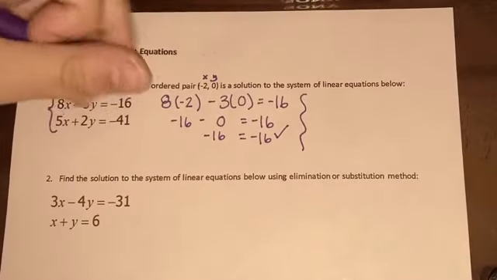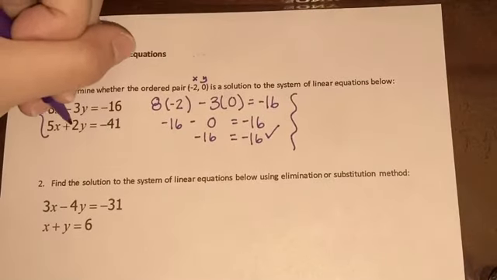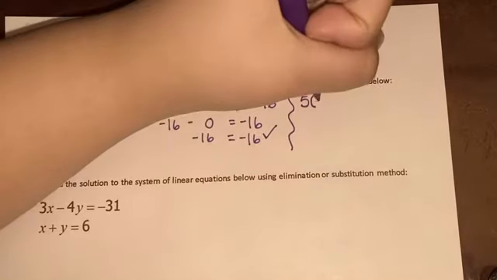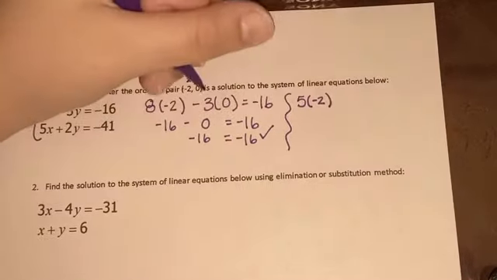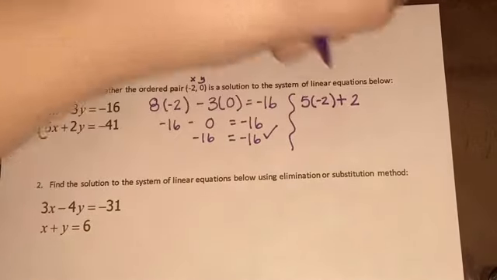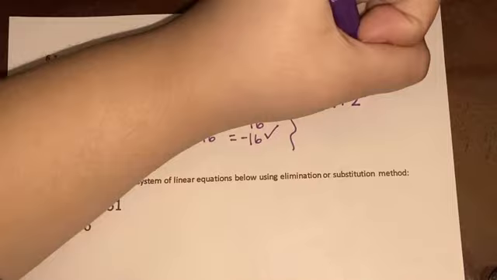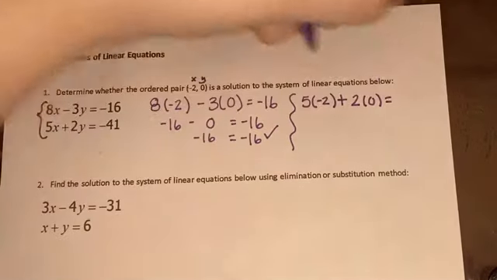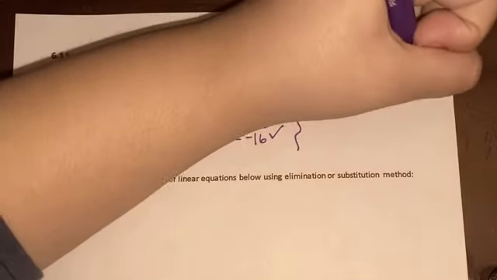Now we're going to do the same steps with the second equation: 5, and then plug in -2 for x, and then plus 2, plug in 0 for y, equals -41.